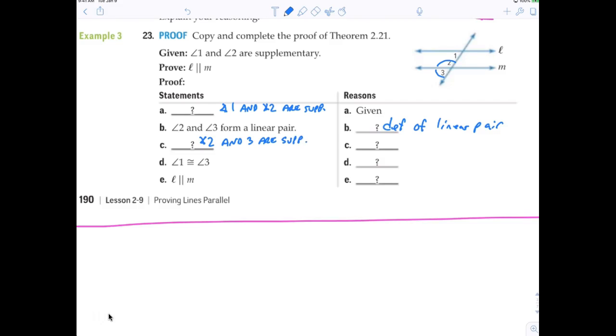Yeah, that's exactly correct. If angle 2 and 3 form a linear pair, that means they're automatically supplementary. Definition of supplementary.